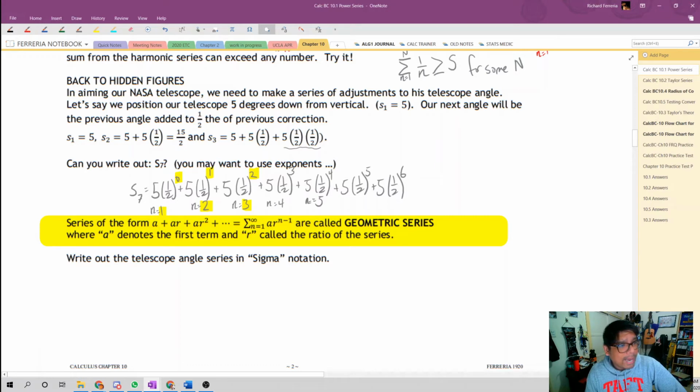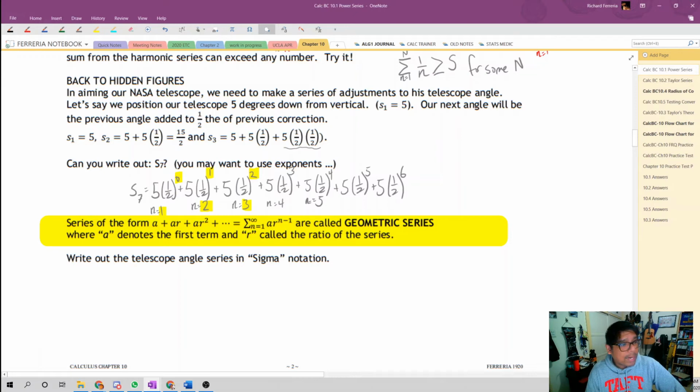So if we look at the series that we just wrote out, we kept on multiplying by 1/2. So the second term is the first term multiplied by 1/2. The third term is the second term multiplied by 1/2. The fourth term is the third term multiplied by 1/2, etc., etc.